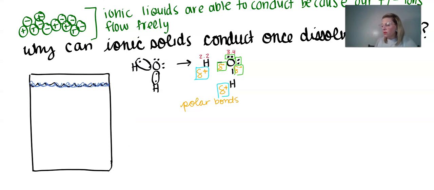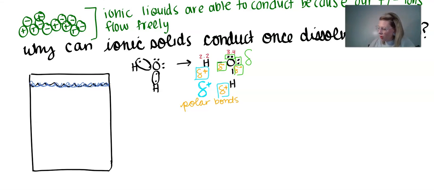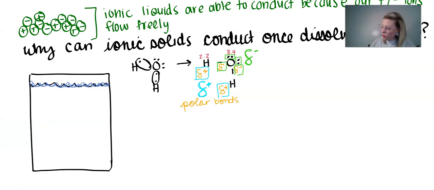As a result of this, we create this kind of massive overall positive charge on this side of our molecule, and this massive overall partial negative or negative charge on this side of our molecule. And this creates a polar molecule.